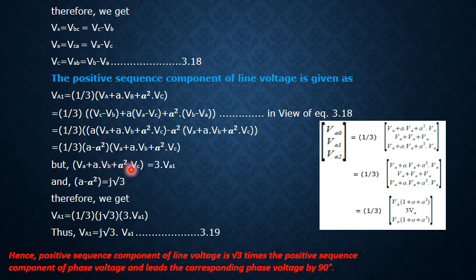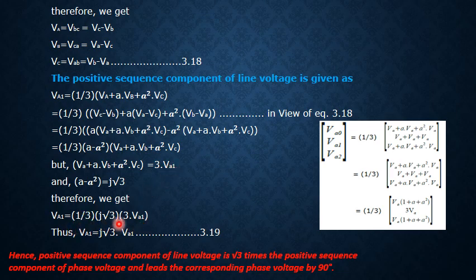Now substituting the respective values in this equation, the line voltage VA1 will be equal to 1 by 3 times, and the value of A minus A square is j root 3, as we know from our previous sessions. Instead of writing this entire equation, I'm going to represent it by 3 into VA1.